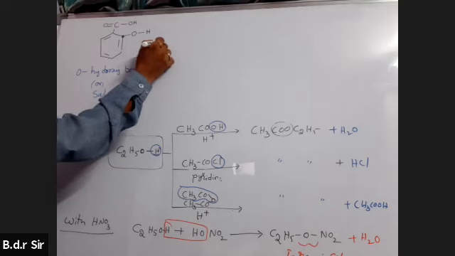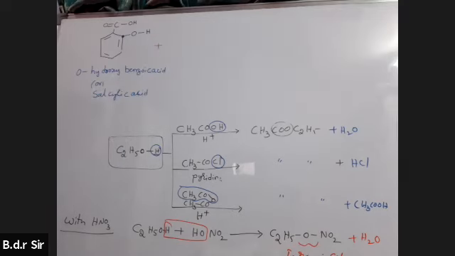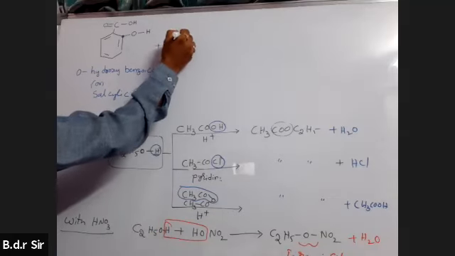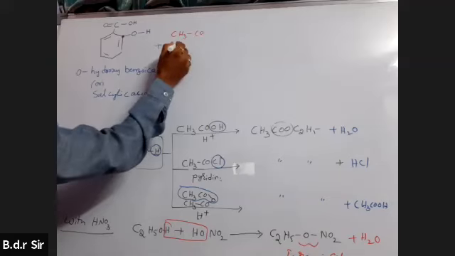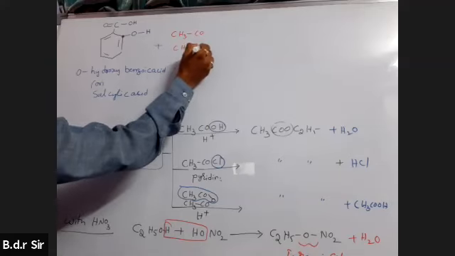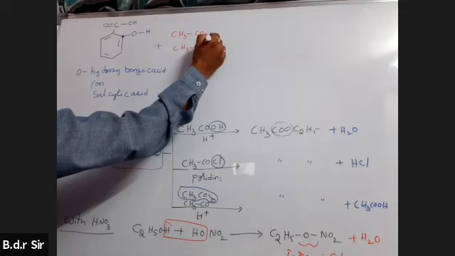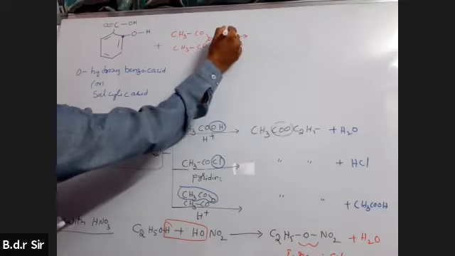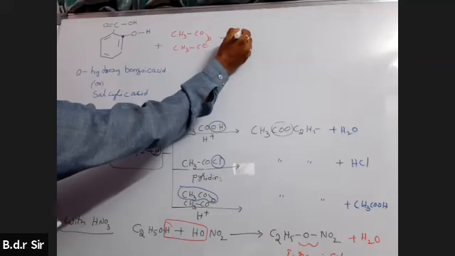Okay, react with acetic anhydride, CH3CO, CH3CO bonded with oxygen, in the presence of acid, that is sulfuric acid.